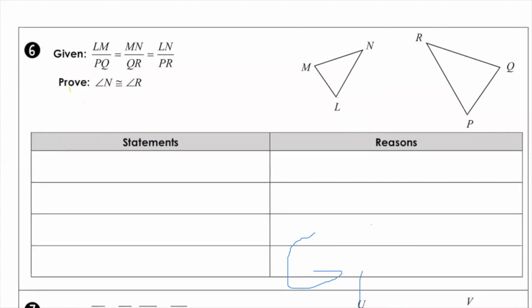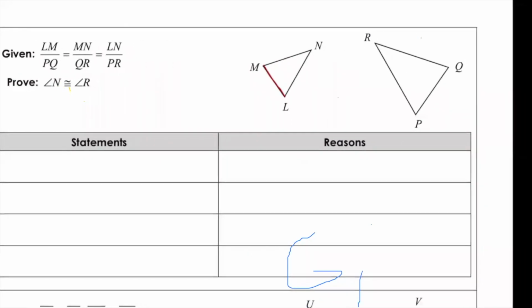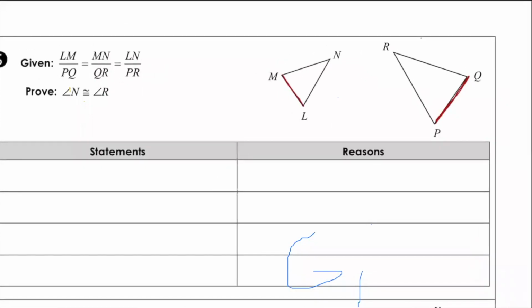So LM is on the small triangle. PQ is on the big triangle. So that's a ratio. It's the same as the ratio of MN over QR. I'm color coding this. Is the same as the ratio of LN over PR.